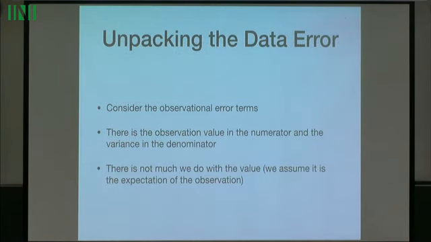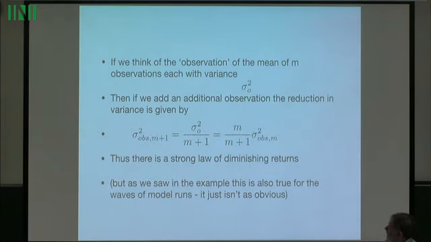Now, think about the observational error, and again, not much I can do about the numerator. It's the expected value. That's what I'm going to expect. But I can look again at that variance. If you think that the observation is a mean of a set of numbers, then if I collect another observation, that mean variance will fall according to the standard formulae we all know.